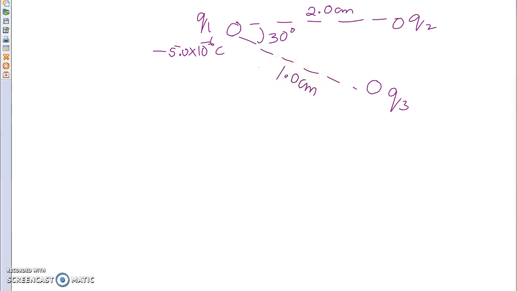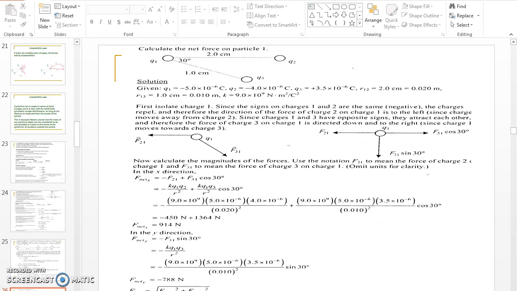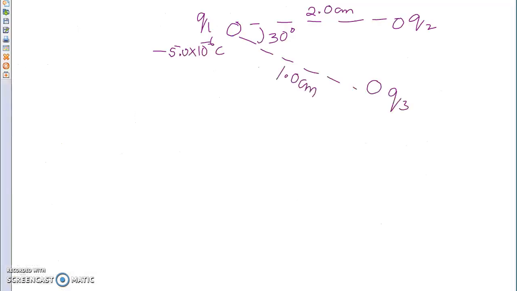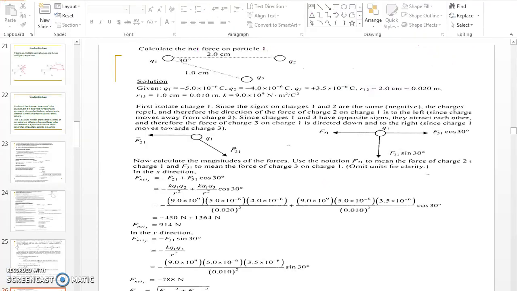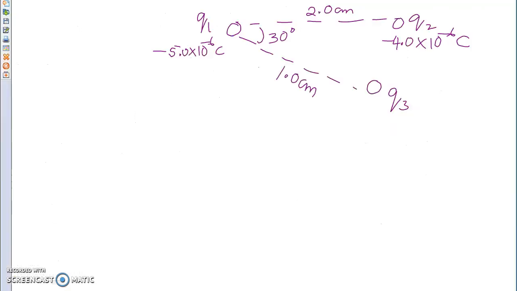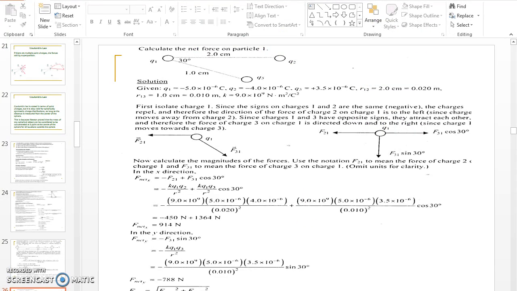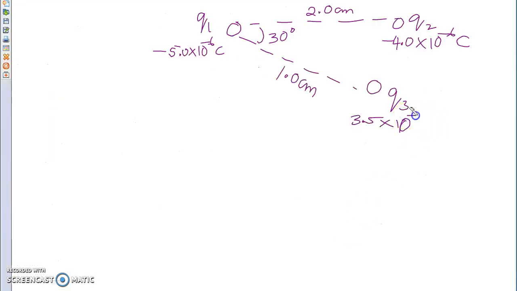Q2 is negative 4.0 times 10 to the negative 6 coulombs. And Q3 is 3.5 times 10 to the negative 6 coulombs. So they are my 3 charges.